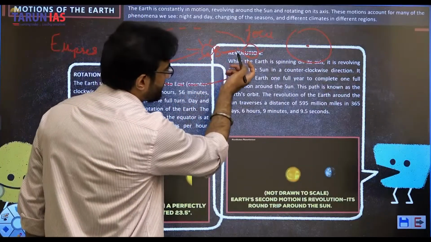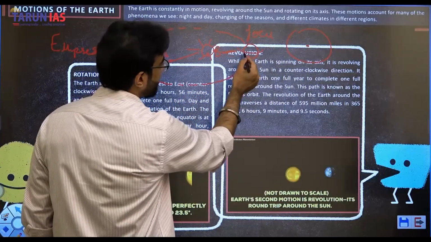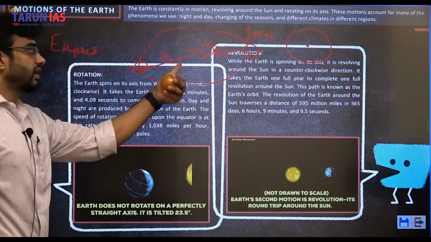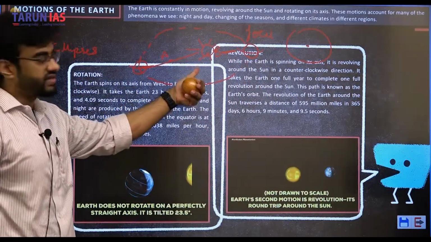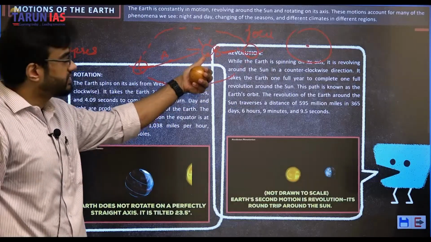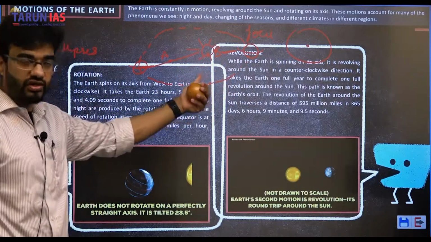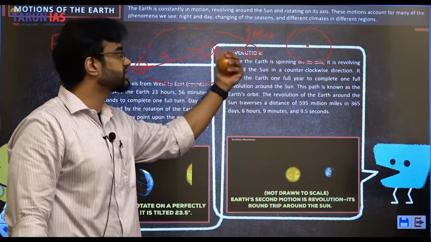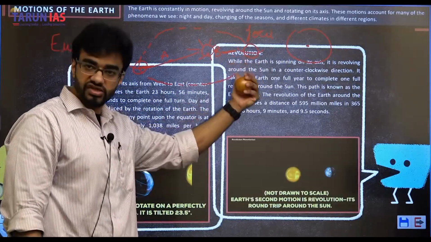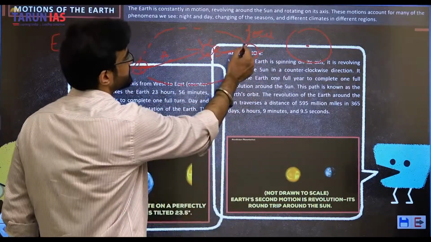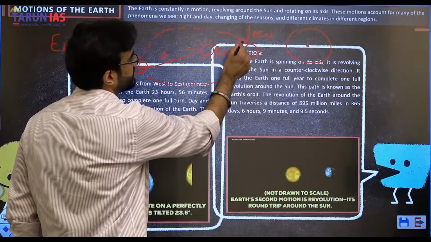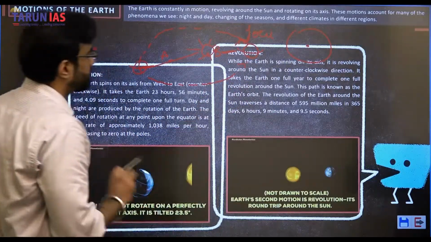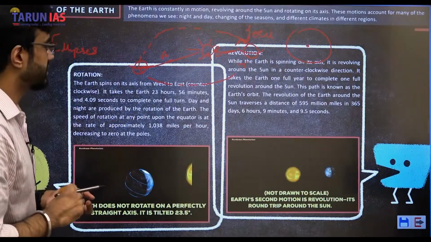Another concept you can remember is that when the earth is closest to the sun, the gravitational force exerted is inversely proportional to the radius, which means that the closer the body is to the sun, the more gravitational force there will be, and its speed of revolution will also be faster. So this was the thing.